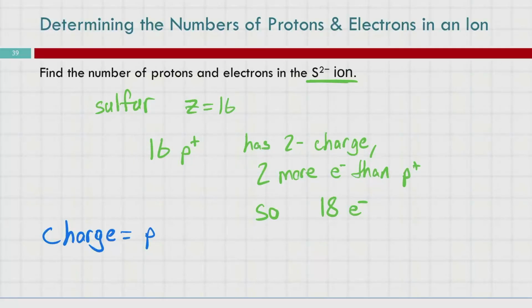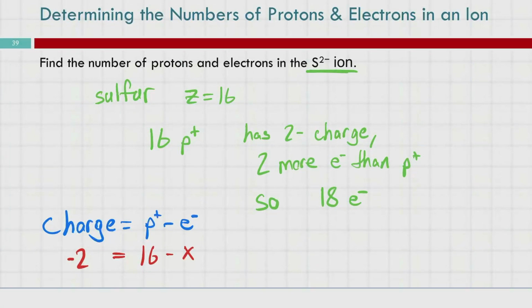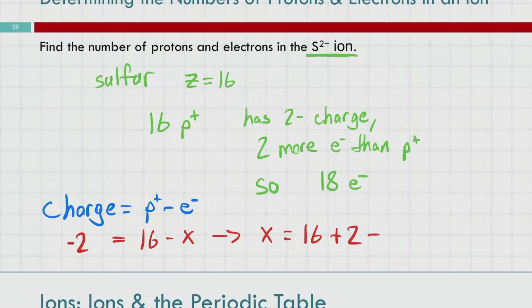Charge is the number of protons minus the number of electrons. We've got charge, it's a negative 2 charge. We've got the number of protons, it's 16. Put in X for our number of electrons, and we would get that X equals 16 plus 2 when we switch the X and the negative 2, which is 18.